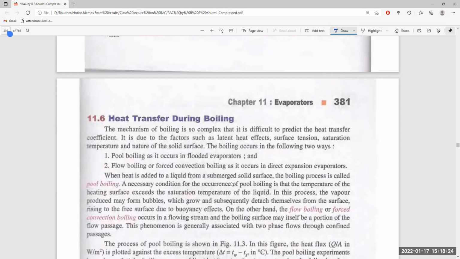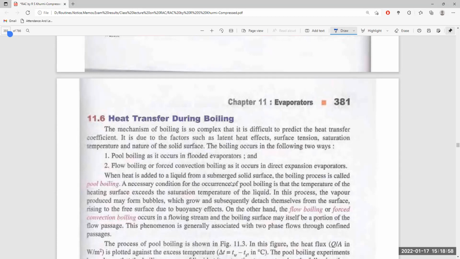Boiling occurs in the following two ways: pool boiling, as it occurs in flooded evaporators, and flow boiling or forced convection boiling, as it occurs in direct expansion evaporators.